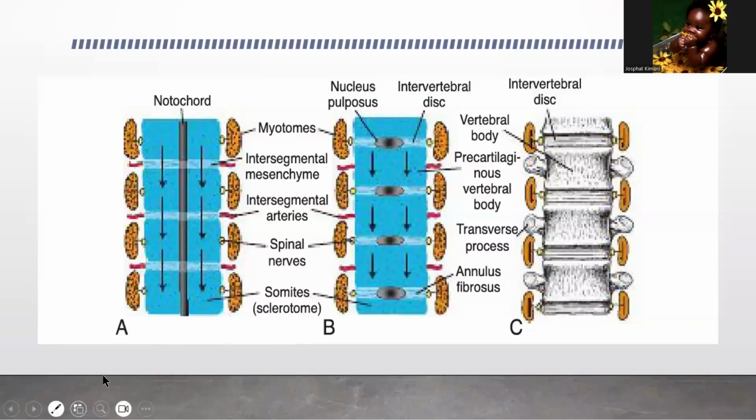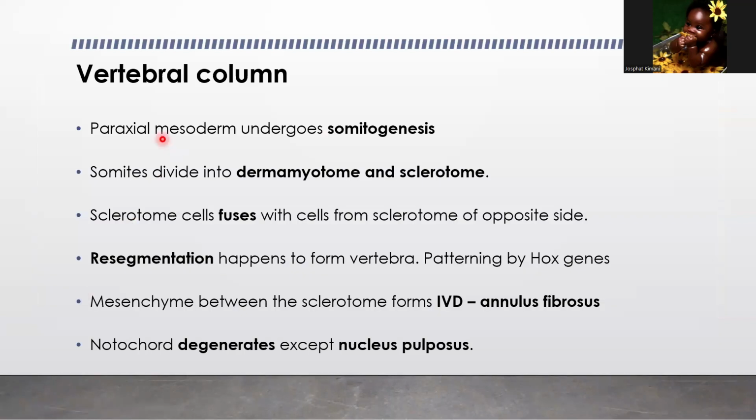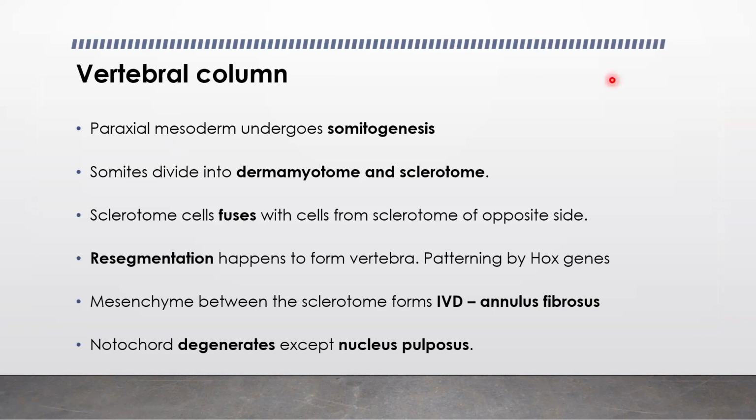So we were talking about the process of resegmentation. Let me just take you back to this. Remember, you have the paraxial mesoderm as one of the components of the mesoderm. For the mesoderm, you have the paraxial mesoderm, intermediate mesoderm, and lateral plate mesoderm. The paraxial mesoderm will undergo the formation of somites, known as somitogenesis.